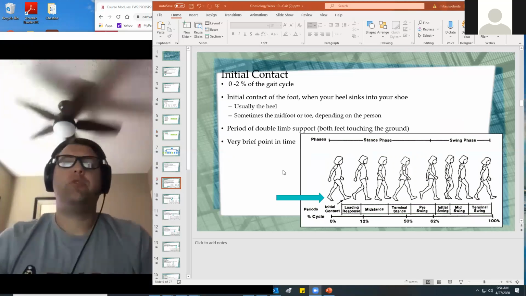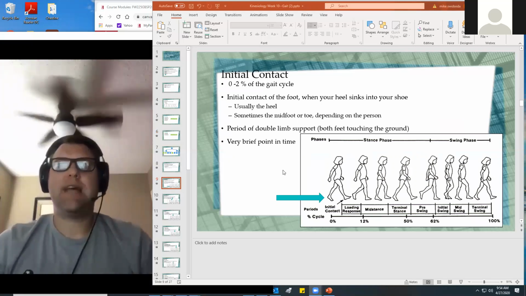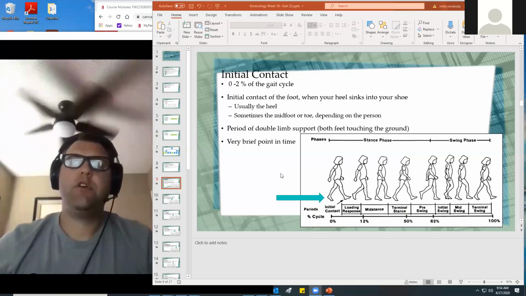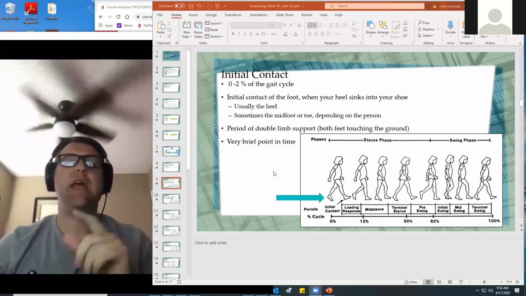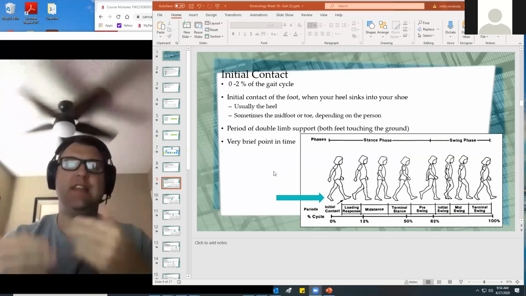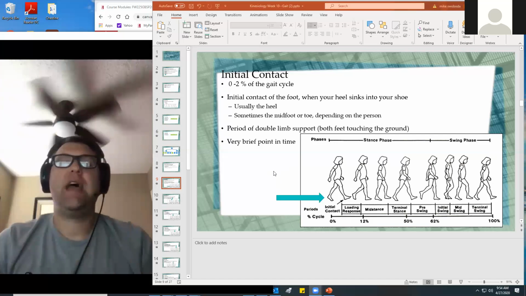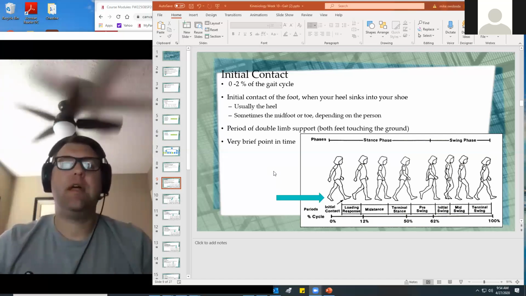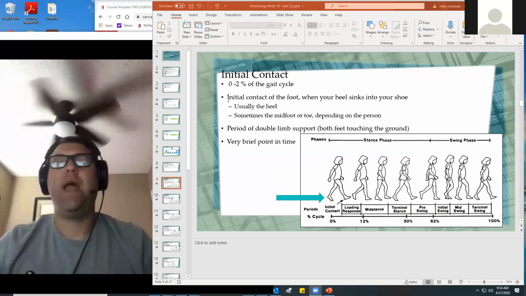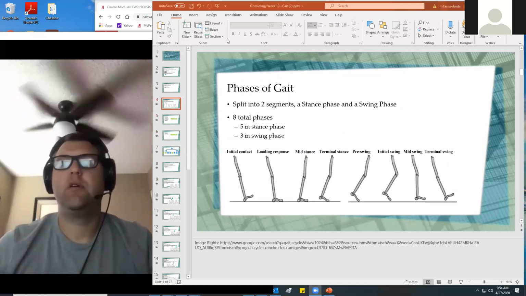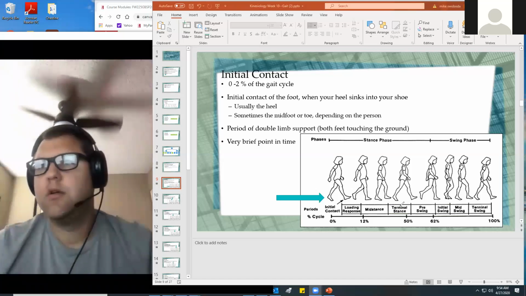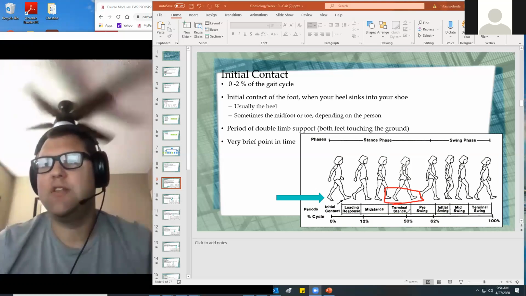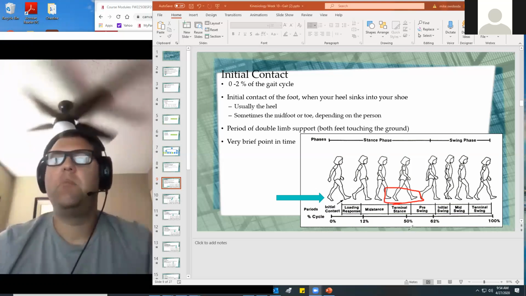Now, when we go through the full gait cycle here, the first thing to note is that the only differences we have between running and walking, aside from the speed and the length of, like, say, your stride, is that everything's exactly the same, except when you get to, I'll show it on this one, but when you get to this phase here in the terminal stance and pre-swing, both feet are off the ground.